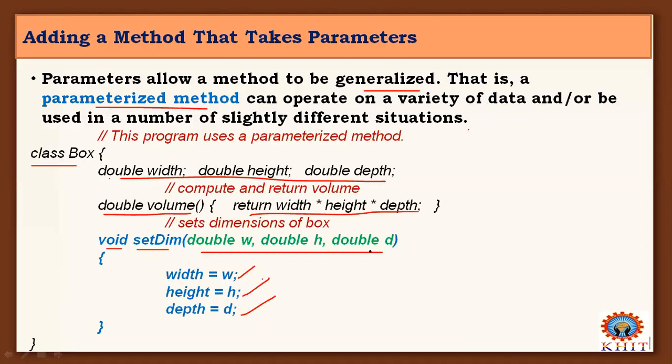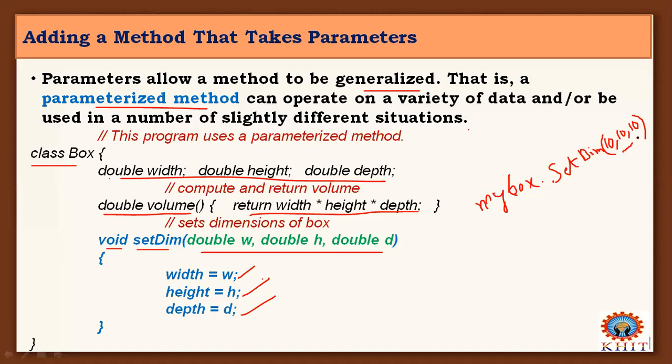And when we are calling this method, for example in the main, we have a Box object like myBox. myBox is an object of the Box class, and we can call this method setDimensions. Here it is required to pass three values, because setDimensions is a method that requires three arguments or three double values.